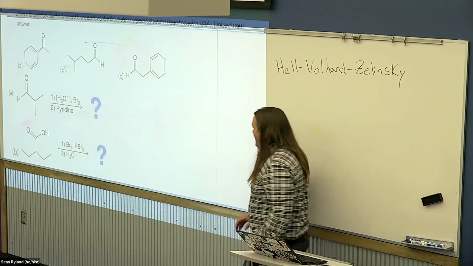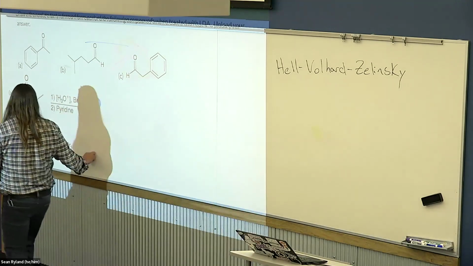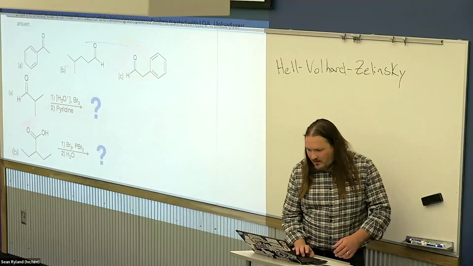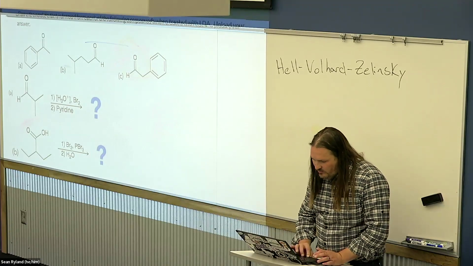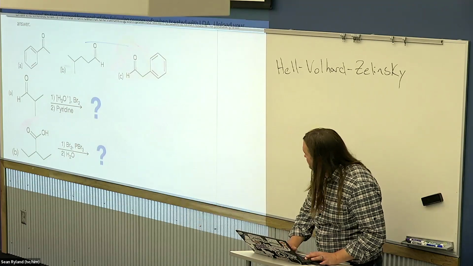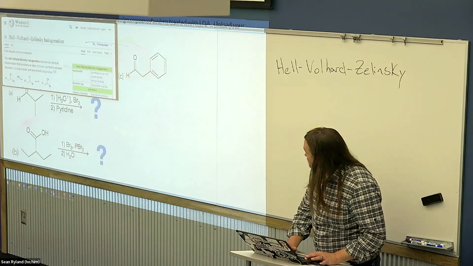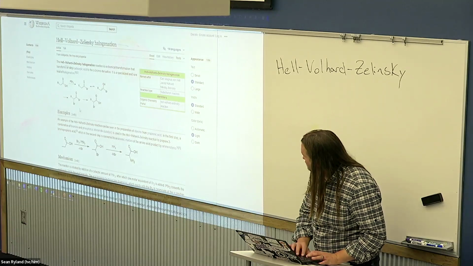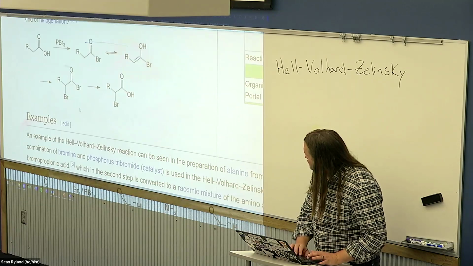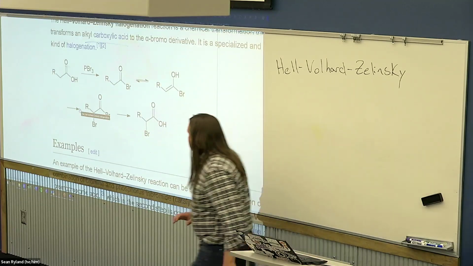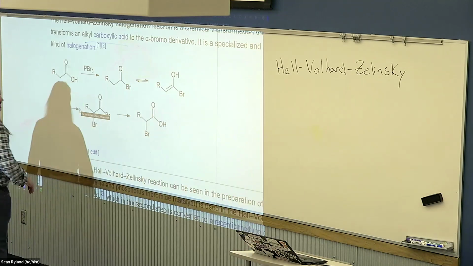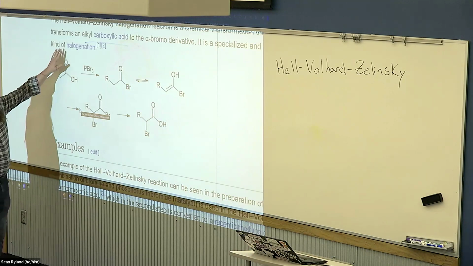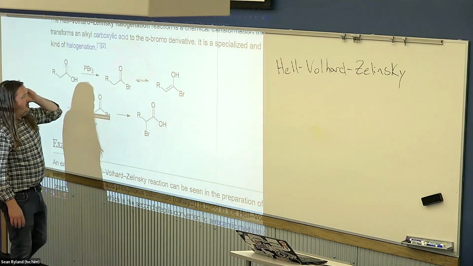It says start by making the acid bromide, but then it actually does a weird rearrangement where it winds up putting a bromine on the alpha carbon to the carboxylic acid.